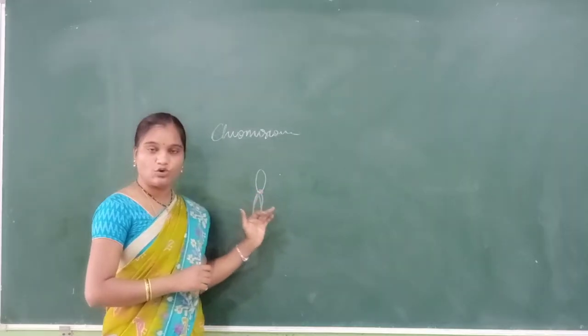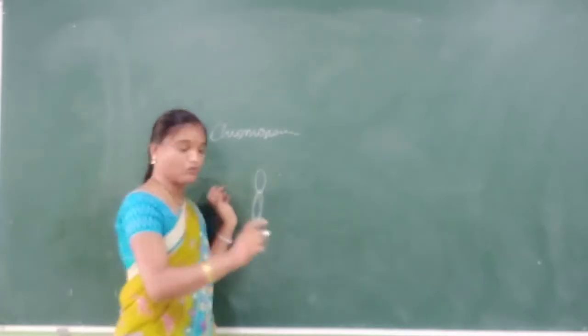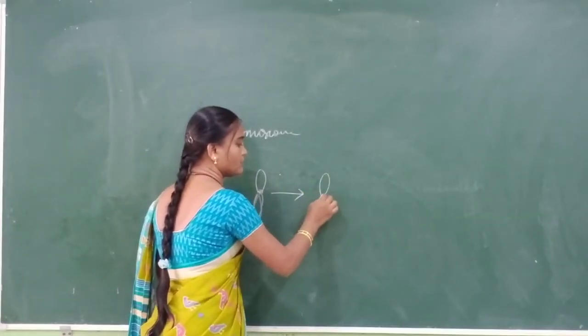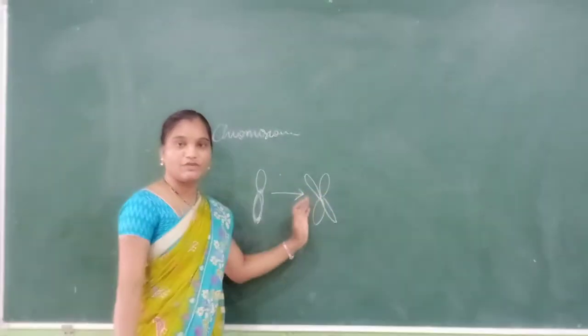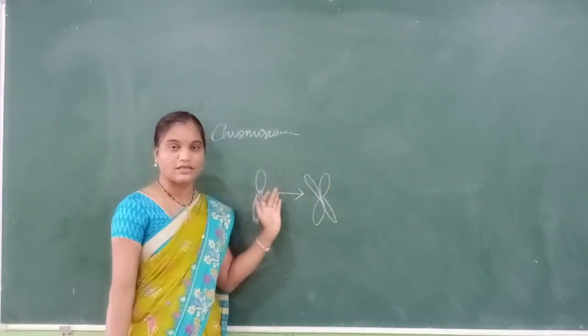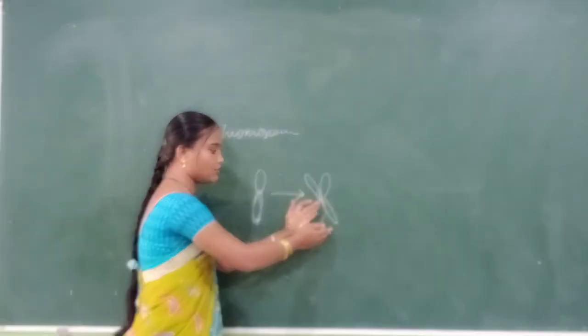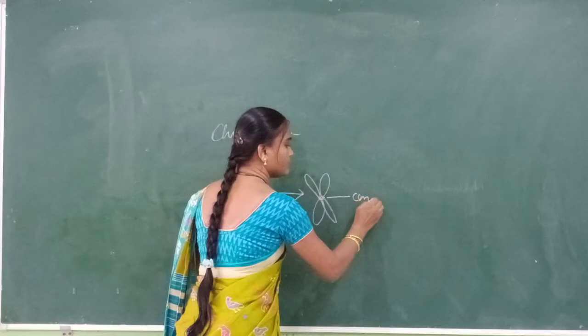When this chromosome is replicated in your early prophase, it will produce the same Xerox copy of a chromosome, in mitosis, and they are attached with a centromere.